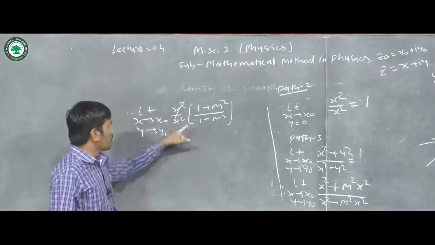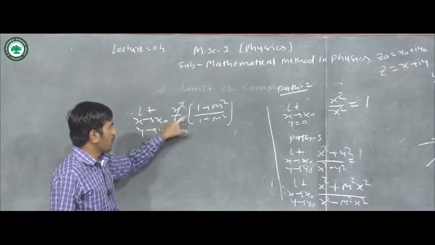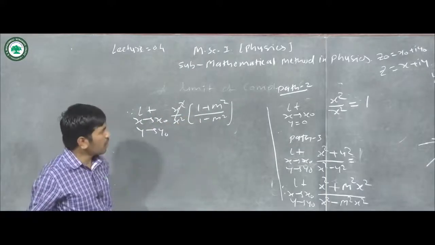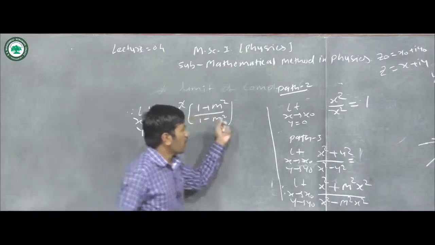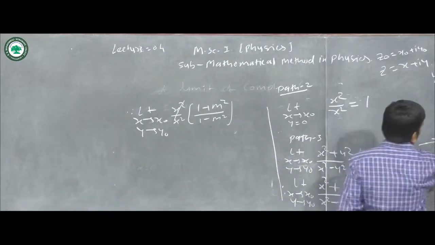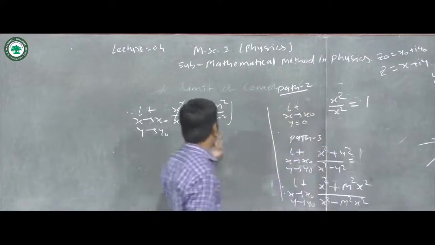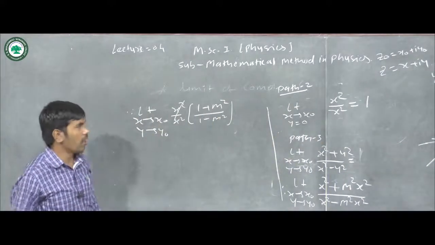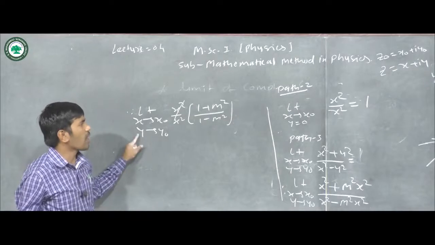So we can say this path depends on m. In this case, m is the slope of this line.